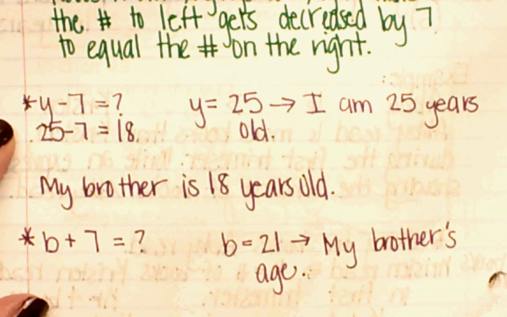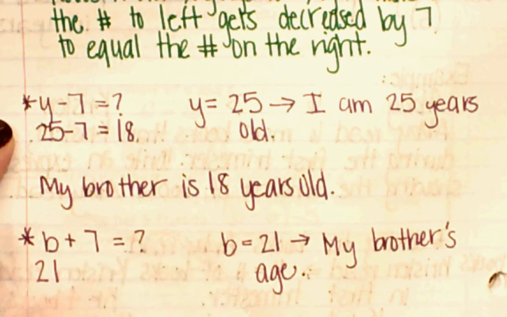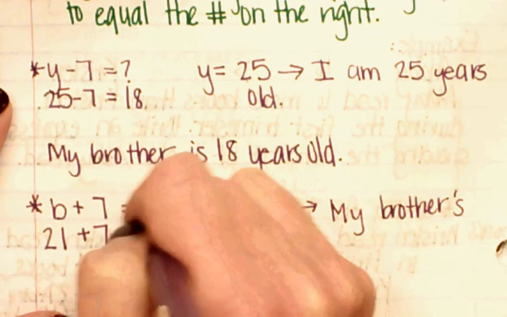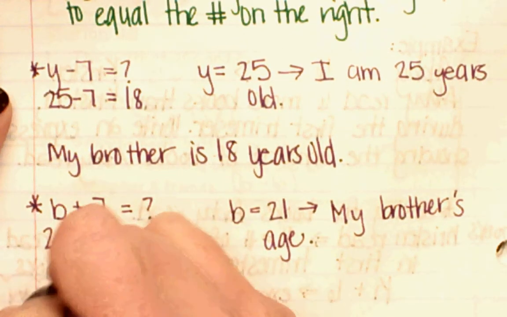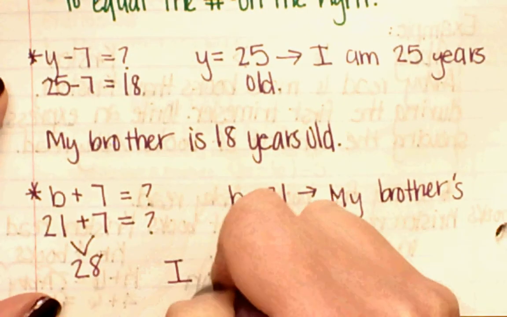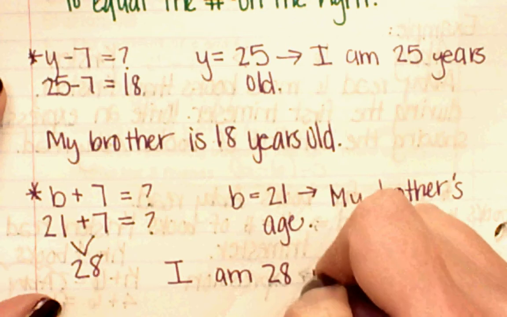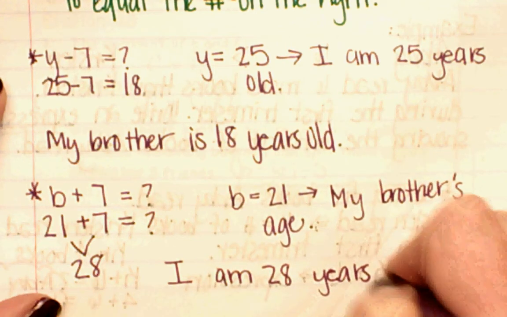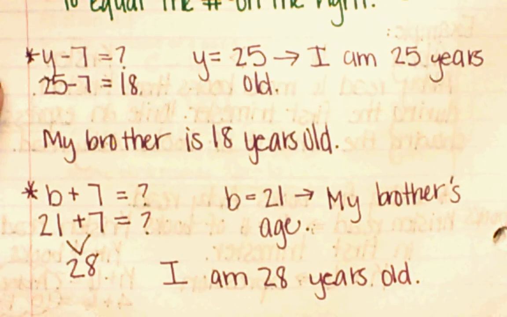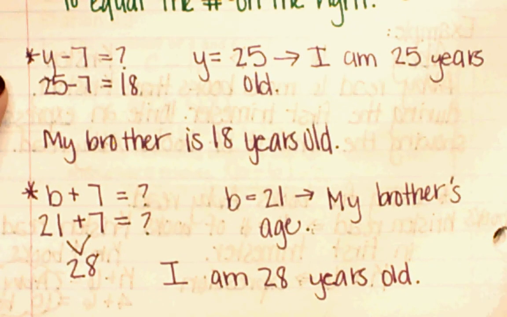So plug it in. 21, this is how old my brother is right now, plus 7 will equal my age. 21 plus 7 is 28. So I am 28 years old.